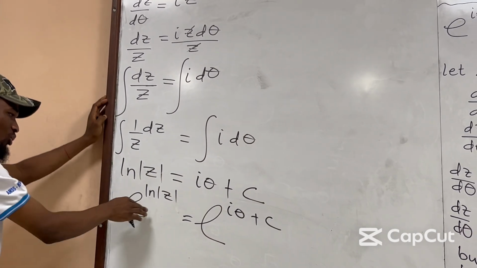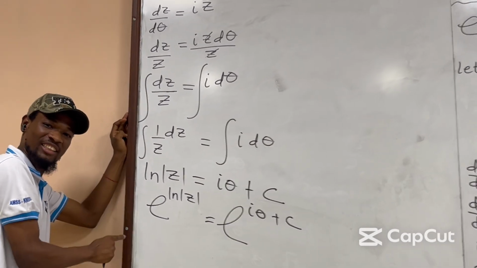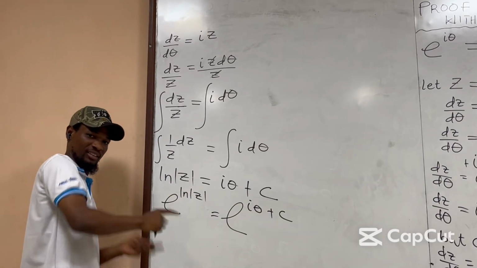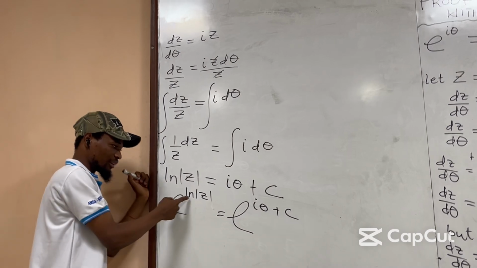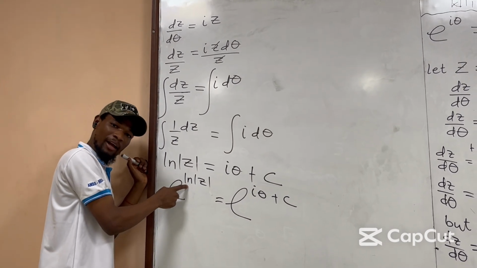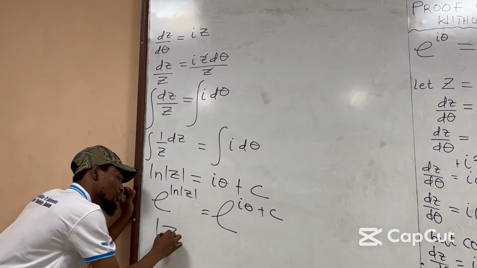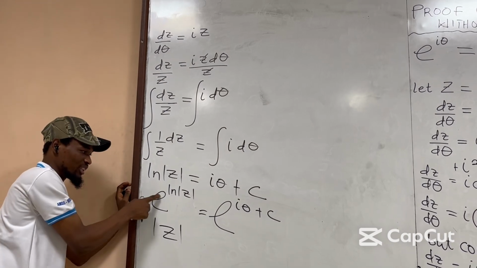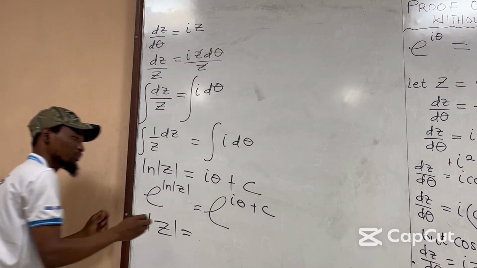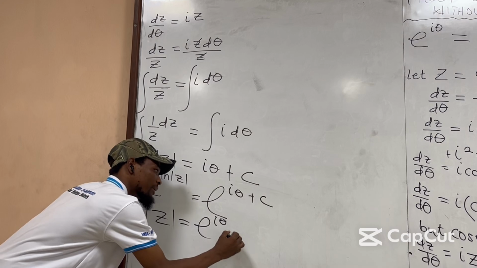The exponential function and the logarithmic function are inverse functions, in the sense that the exponential function nullifies the logarithmic function. So e and ln nullify each other, and you have z, which is equal to e to the power i theta plus c.